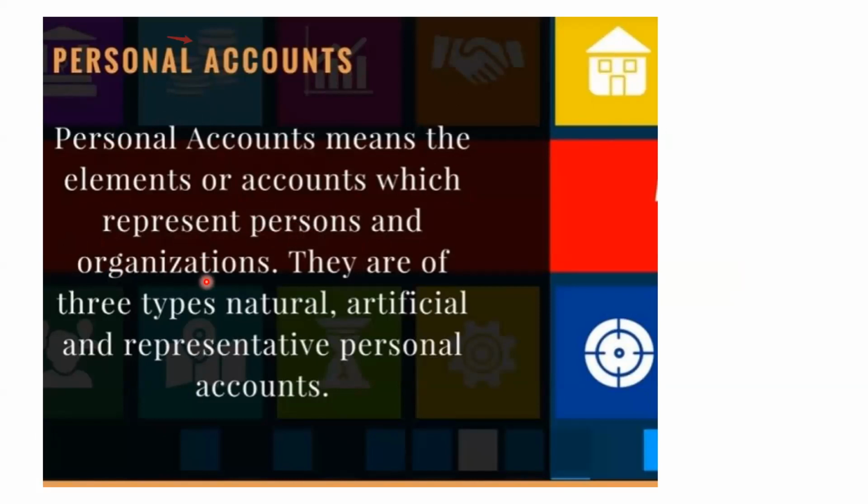That means a business. We have seen the business entity concept three days back. In the business entity model, what is the main rule? The business is separate and the owner is separate, right?